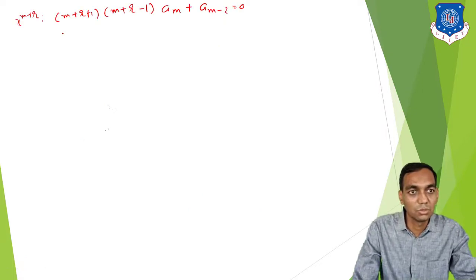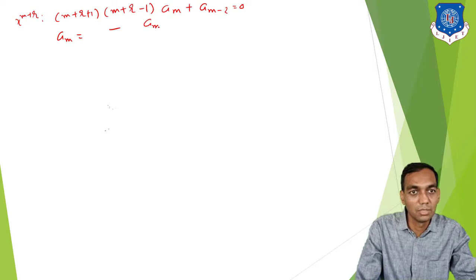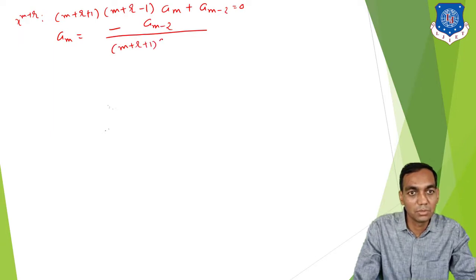Correct? So am is minus of a of m minus 2 divided by (m plus r plus 1)(m plus r minus 1).